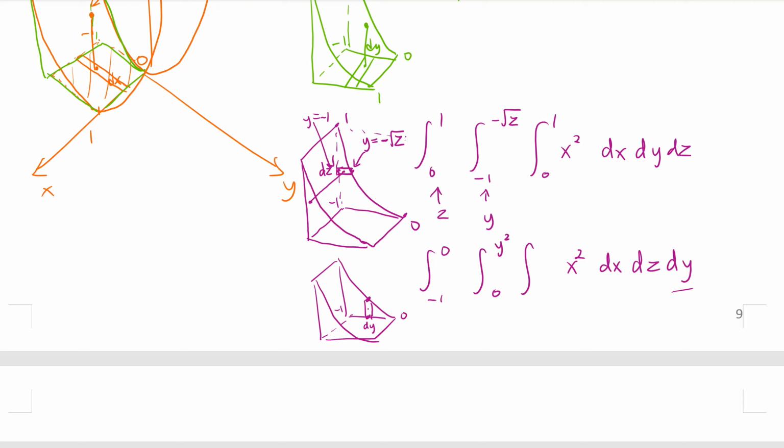Okay, and then any point on here, draw in the x direction, so you can see x is still from 0 to 1. So far so good, everybody.